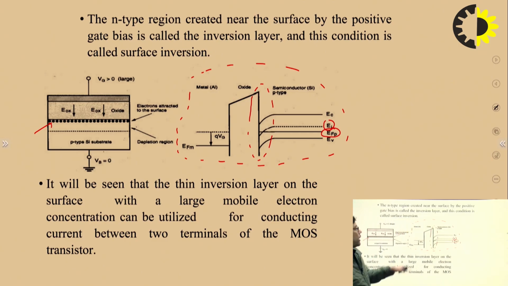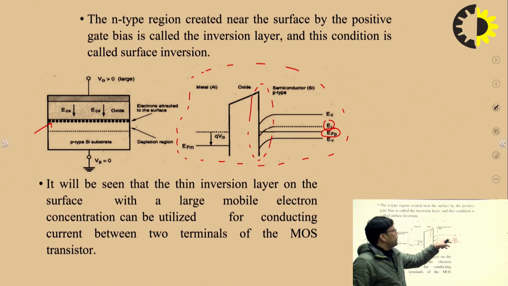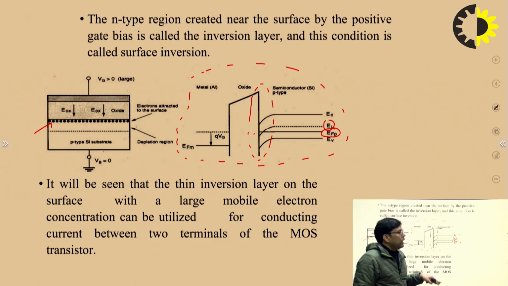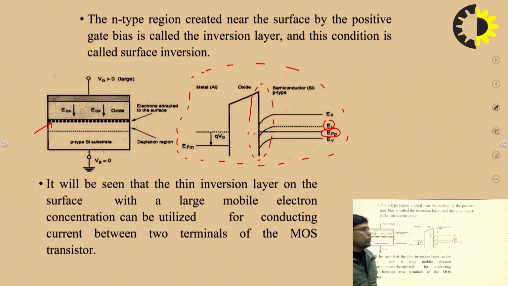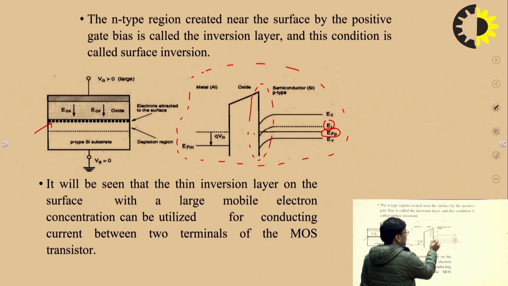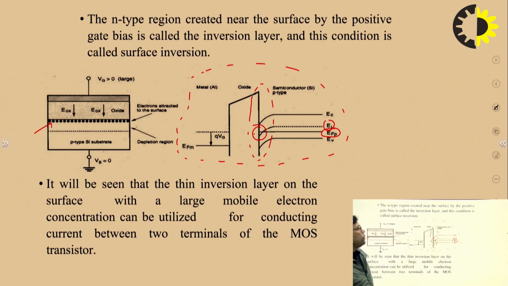So by applying more voltage at the gate terminal, this intrinsic Fermi level is shifted further down with respect to the p-type semiconductor, and at the interface the semiconductor behavior changes from p-type to n-type, because these levels cross each other, and due to this crossing this layer is known as the inversion layer, right.